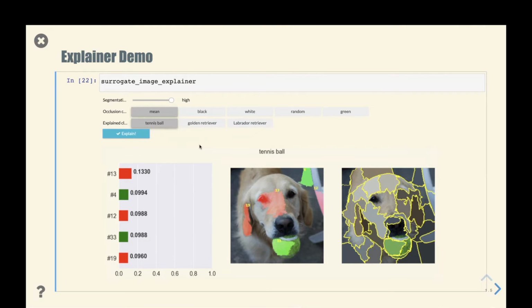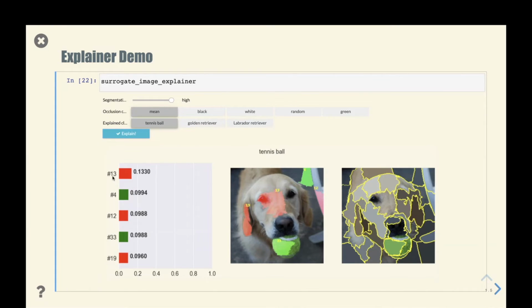So again, you could interpret this as, so we fit the linear model with an intercept. So you could interpret the intercept of the linear model as the kind of average prediction for this sort of an image, and then presence and absence of each of these segments moves you a bit to the left or a bit to the right on that scale. So if we include the segment number 13, this would move our probabilistic prediction of the tennis ball 0.13 less.